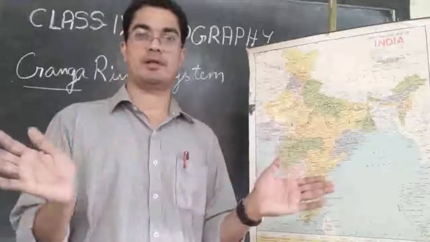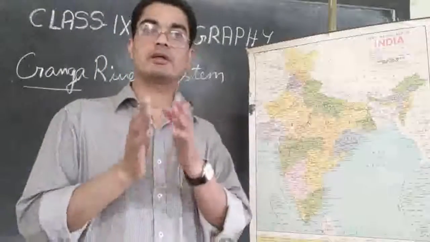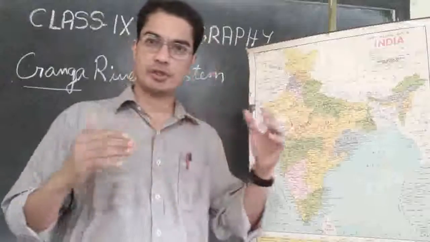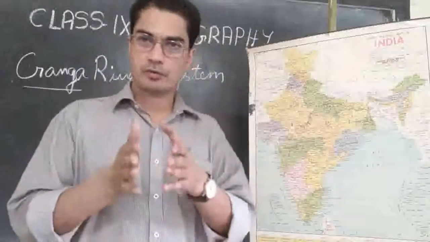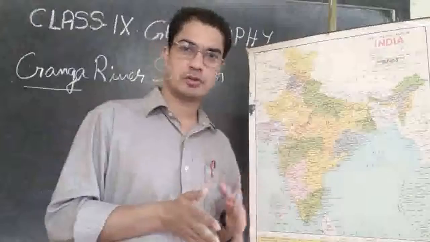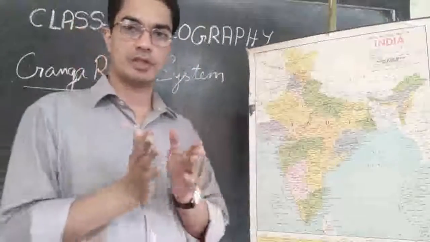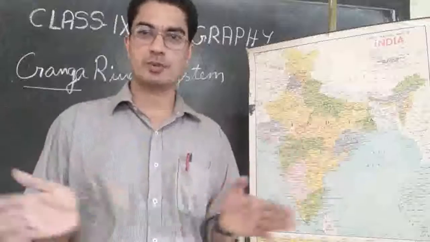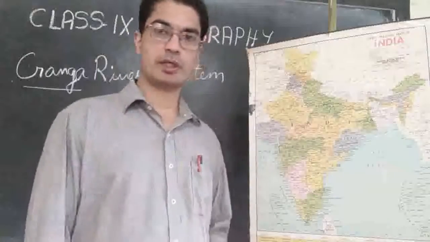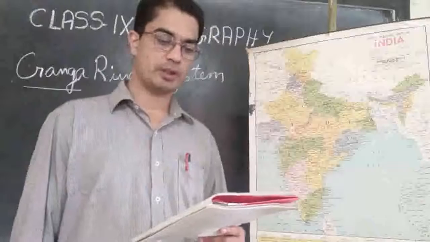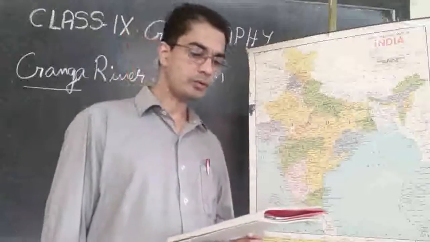Bifurcate means divide. So long it was flowing, many tributaries came and joined this main river, and it was flowing in the direction of West Bengal. And when it reaches the place called Farakka, it is dividing. It is becoming two. The Ganga river is divided into two.